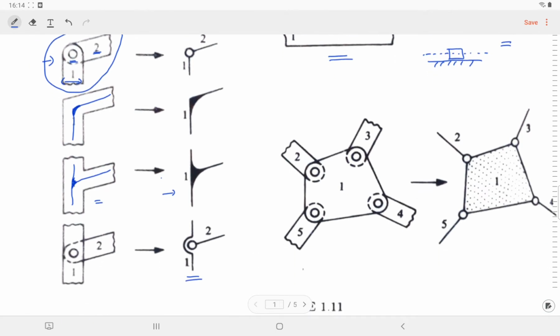Now if you see this one, link 1 is a quaternary link because this link has been connected with 4 other links: this one, this one, this one, and this one.